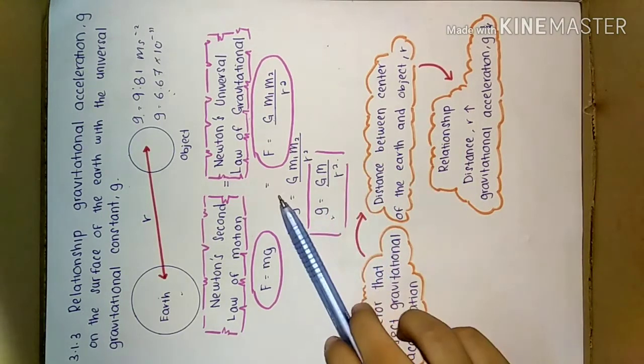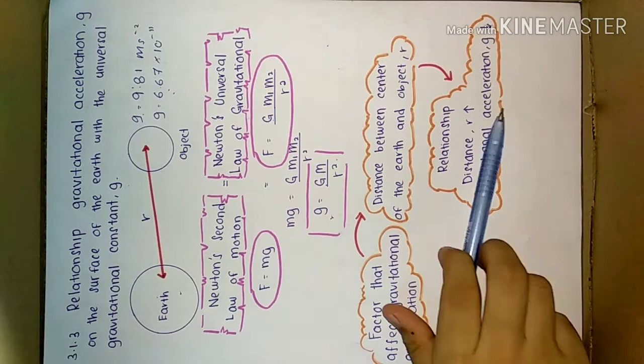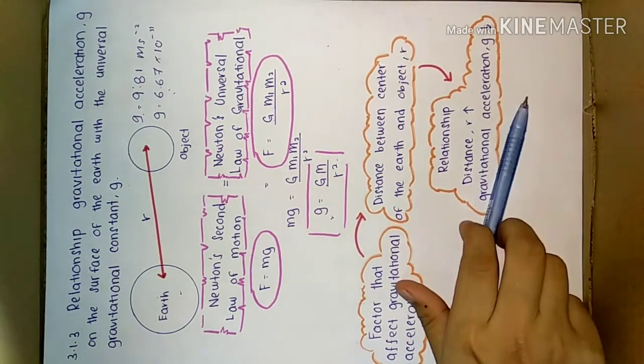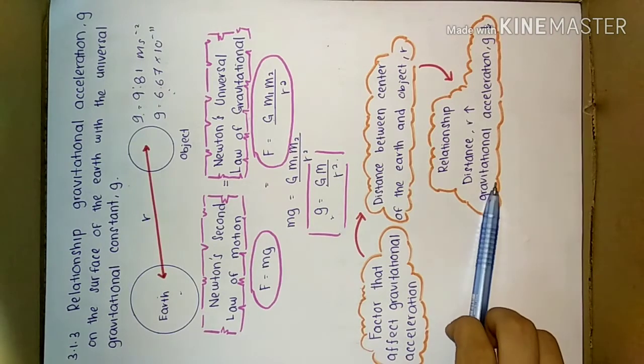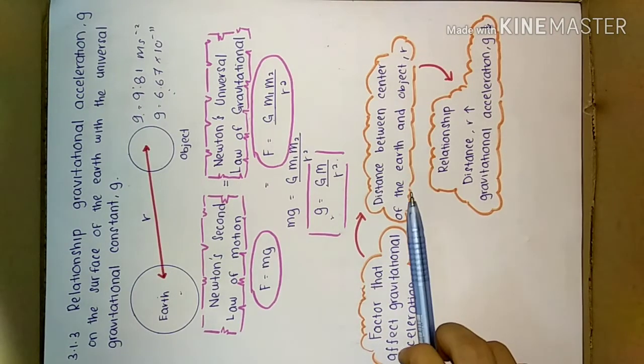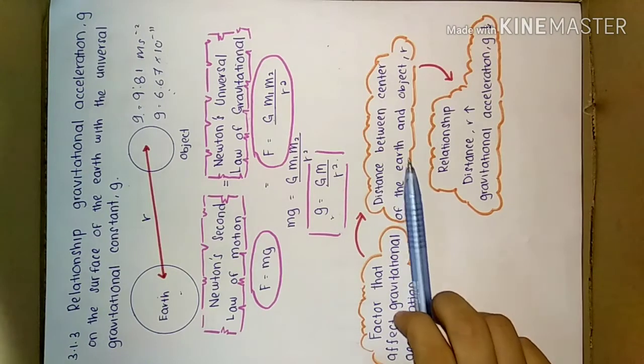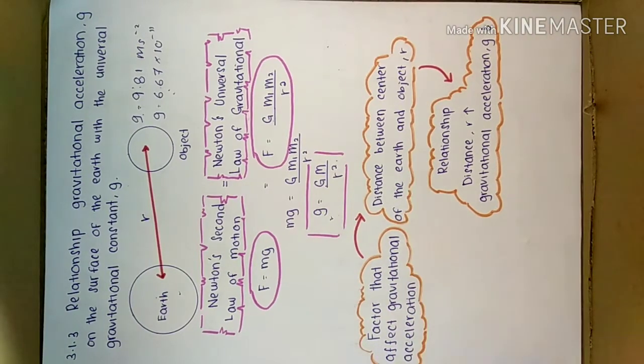When r is increased, the gravitational acceleration decreases. So we can state that the gravitational acceleration is inversely proportional to the square of the distance between the center of the Earth and the object.